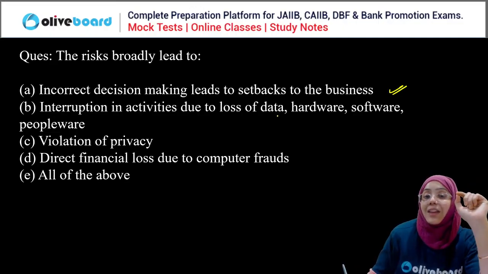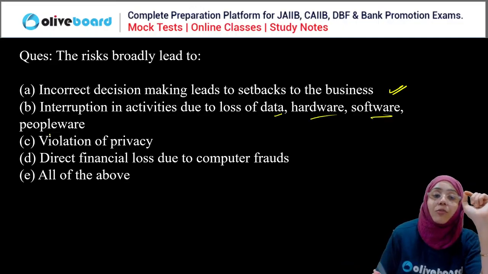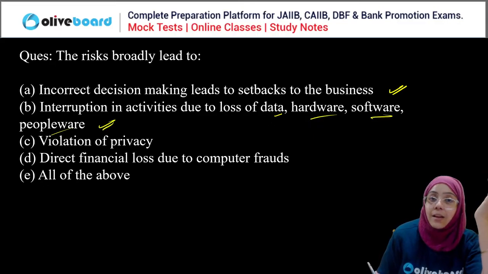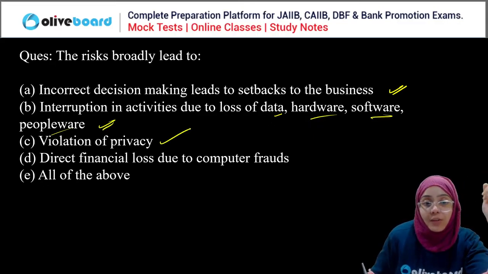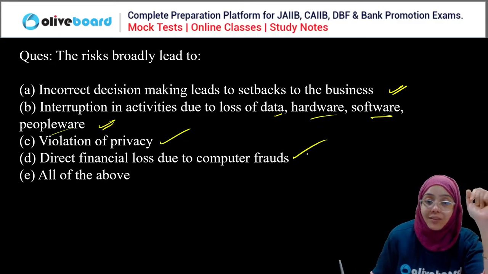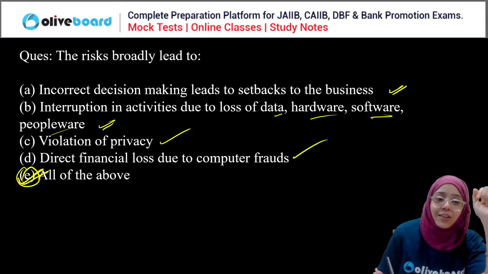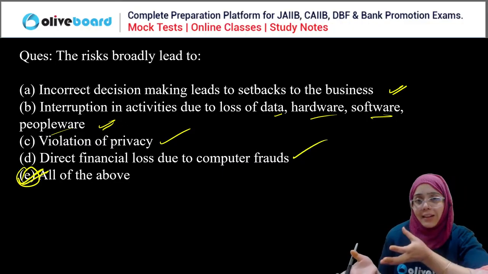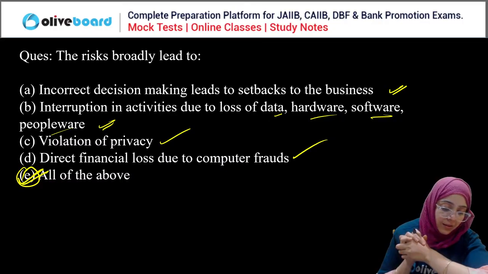Interruption in the activities like data or hardware or software or peopleware lost, obviously. Violation of the privacy, obviously. Direct financial loss, obviously. All of the above is the correct answer. Risk actually leads to everything, right? So E is the correct answer, obviously.